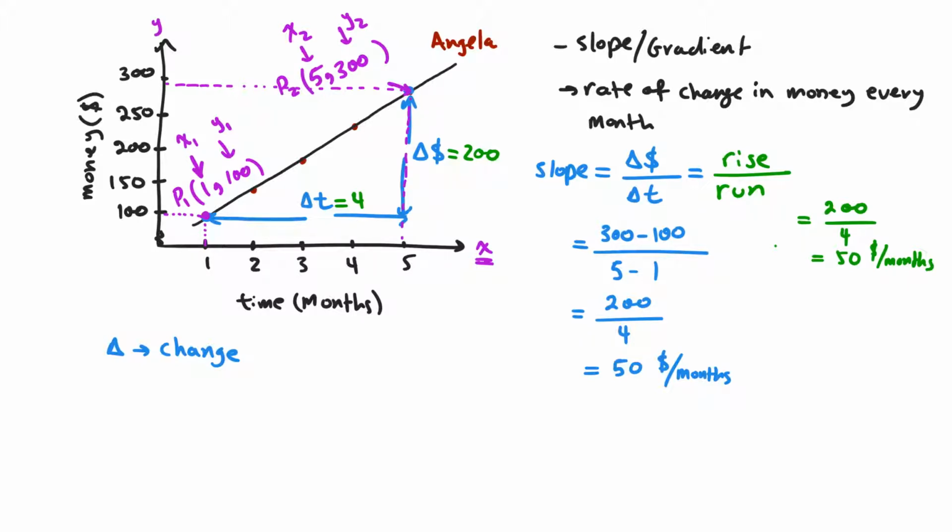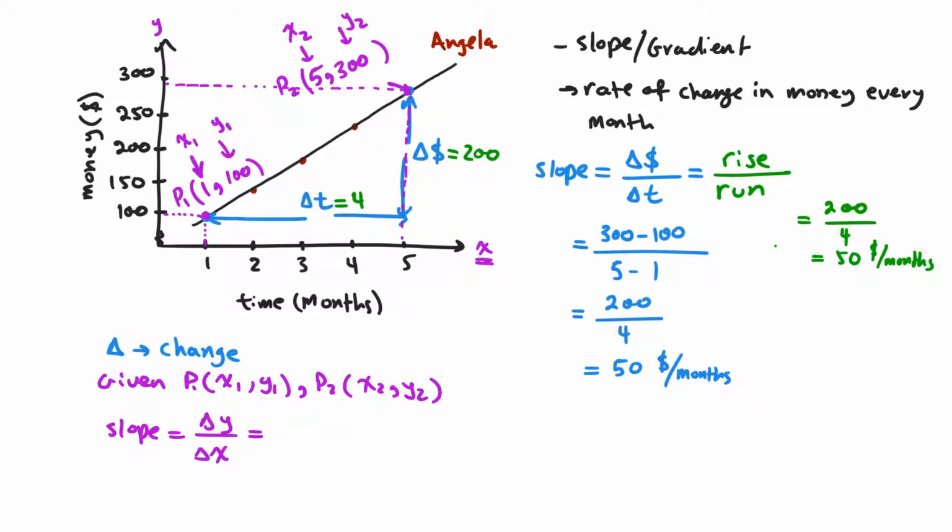So our slope, given 2 points, point 1 (x1, y1) and point 2 (x2, y2), we can find using the equation of change in y over change in x, which is the same as y2 minus y1.